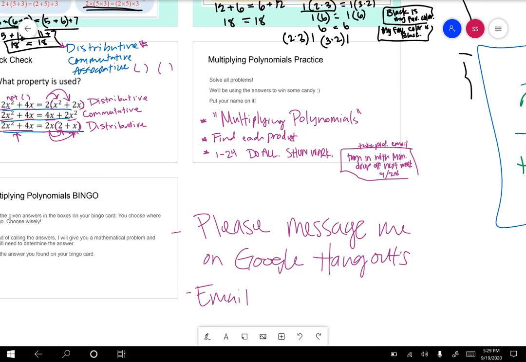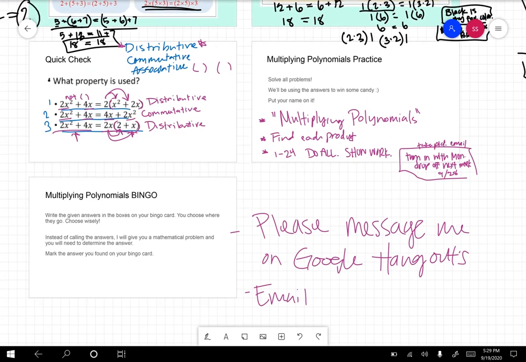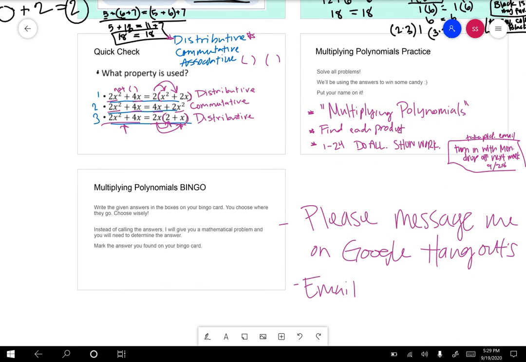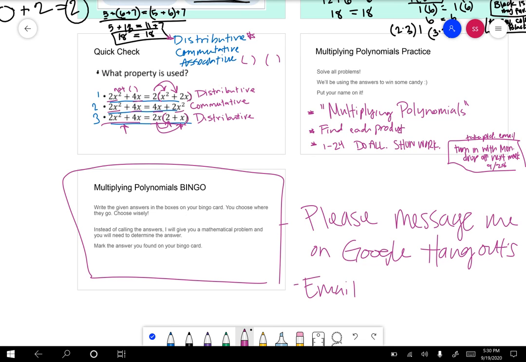Okay, so you're going to do that whole practice. My guess is it's going to take us Monday and Tuesday to get through all of this. Whenever we finish, if we have enough time Tuesday, we'll do this Tuesday, but if we don't, we'll do it Wednesday. So if you're an online student or you're sick or quarantined at home and doing the online stuff for a couple weeks, we're going to be playing bingo with these answers and you can win some candy.